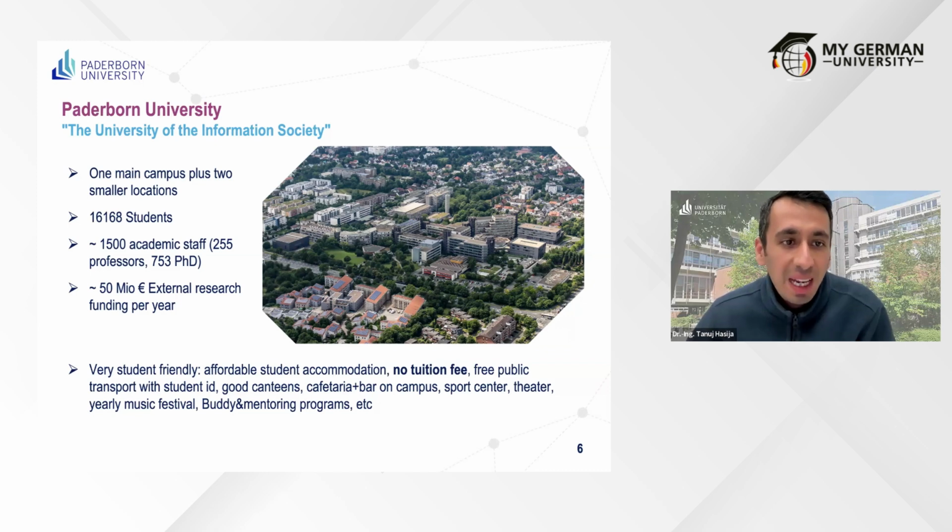It has the main campus in the city, which you can see here in the picture, with around 16,000 students, 1,500 academic staff and more than 750 PhD students. It has a good mixture of research and industry collaboration, and more than 50 million euros of external research funding per year. So definitely focused on research and industry.